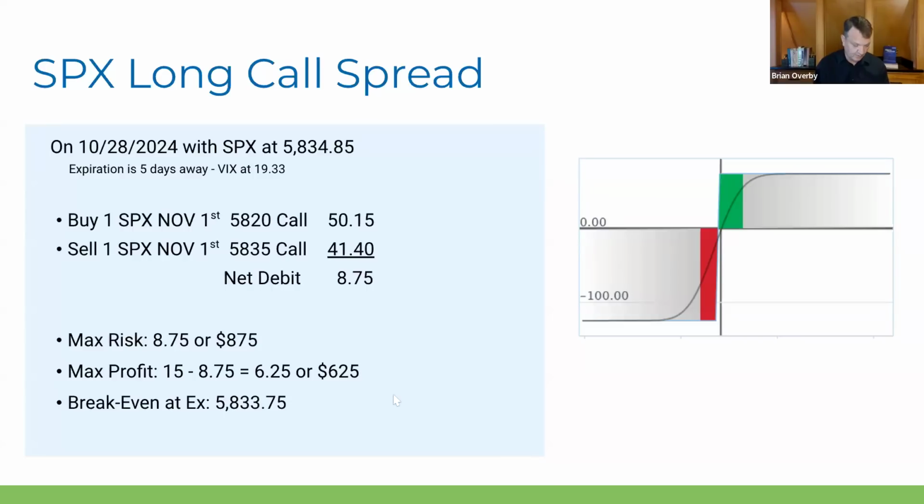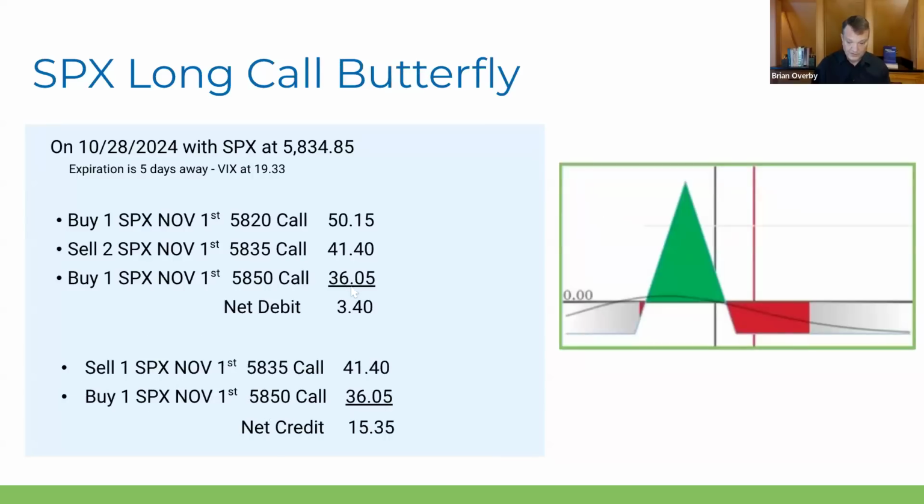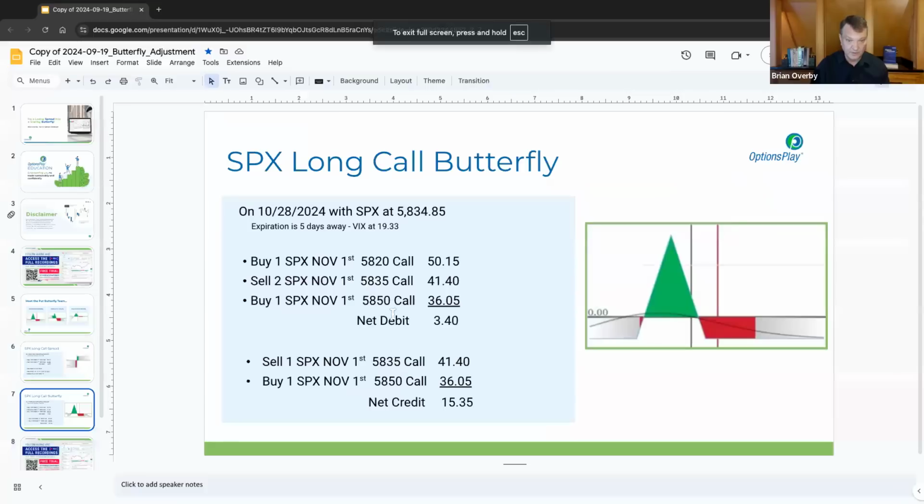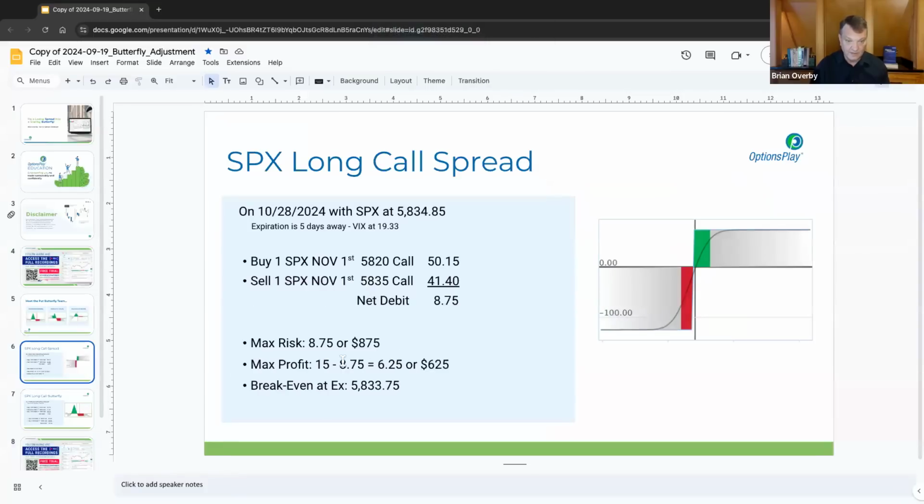No, it's going to be lower than that. So 58.20 plus 875. 58.28. So in this instance, our break even is the strike price. Of course, I had to pick the wrong strike price there. The strike price plus the net debit paid.